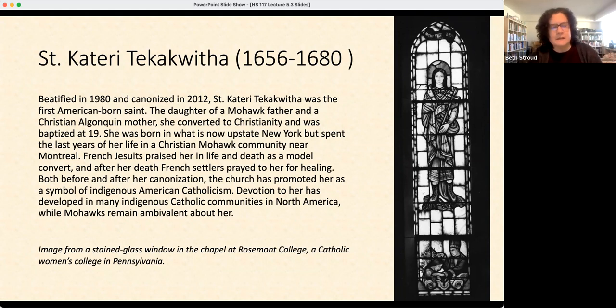There has been a long tradition of praying to her for healing, initially by French settlers primarily. The Catholic Church has promoted her as a symbol of Indigenous American Catholicism, and devotion to her has grown in many Indigenous Catholic communities in North America. However, Mohawks themselves, for reasons that you might understand, remain fairly ambivalent about her.